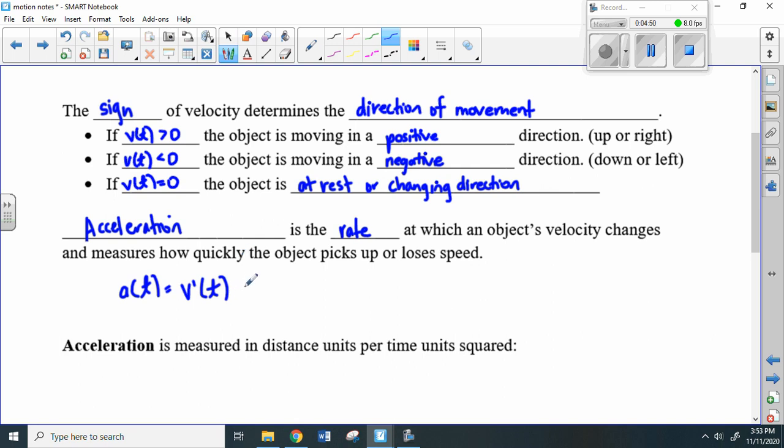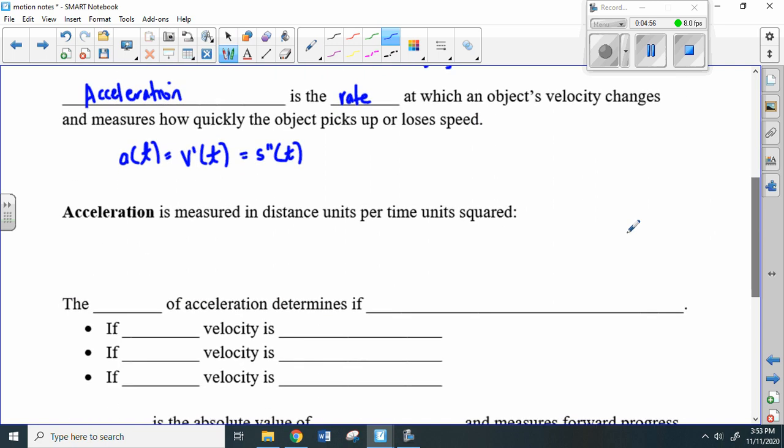That also means that it is the second derivative of position. And the units that it typically gets measured in are feet per second squared, meters per second squared. If we did miles per hour, it would have to be miles per hour squared, et cetera, okay?